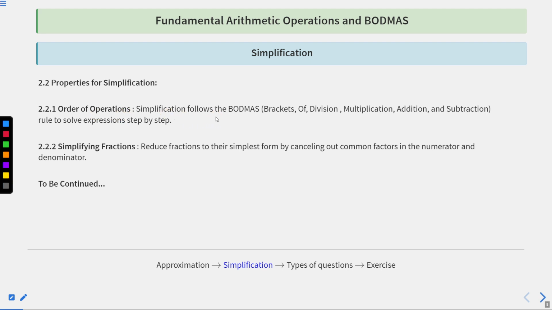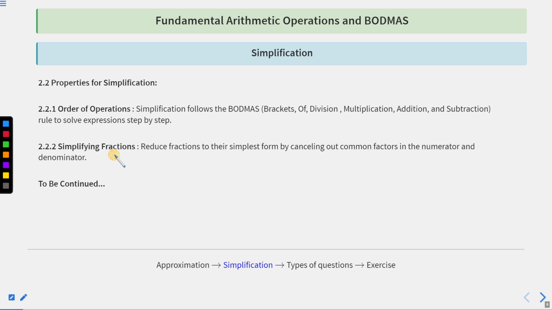Simplification follows the BODMAS rule, in which B stands for bracket, O stands for of, D stands for division, M stands for multiplication, A stands for addition, and S stands for subtraction. The BODMAS rule is used to solve an expression step by step.